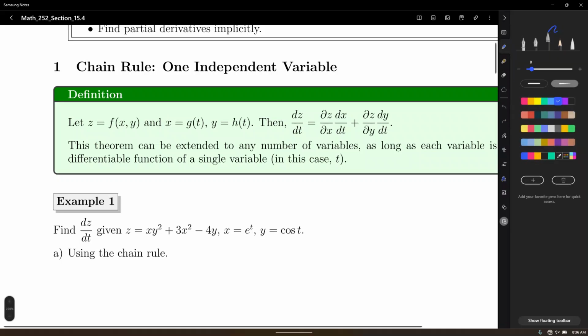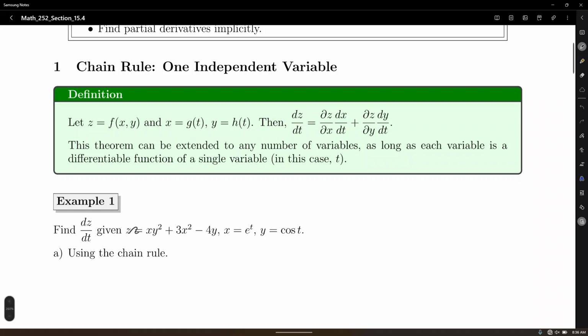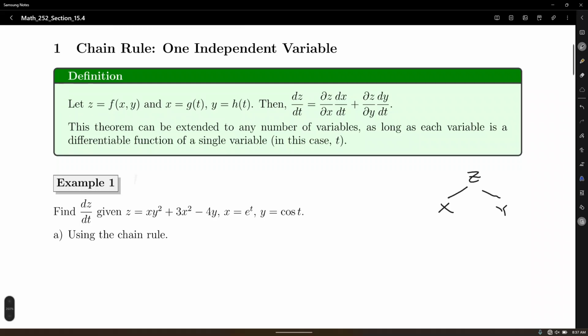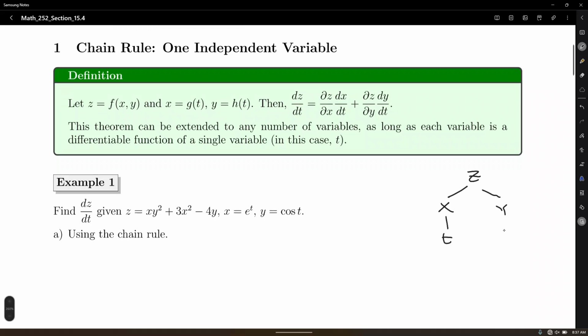Well, for the first example, where we have a function that depends on x and y, and at the same time x and y both depend on t, this is the diagram. The diagram will help us a lot. So z is primarily changing depending on two variables, that is x and y. And at the same time, both x and y depend on one single variable, t.